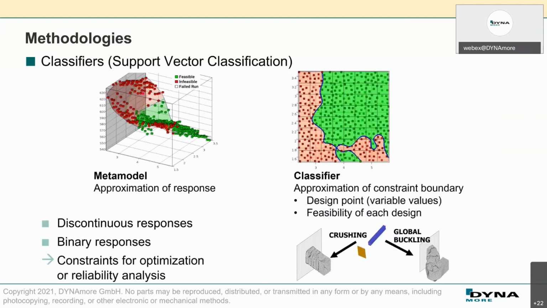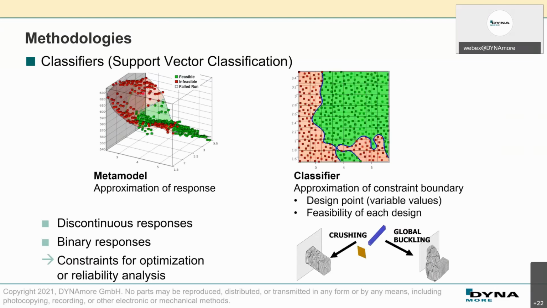Apart from meta model approximations, there are also classifier approximations available in LSOpt. So we have support vector classification implemented. The difference between a meta model approximation and a classifier approximation is that the meta model approximation really approximates the value of the response, whereas a classifier approximates the constraint boundary.